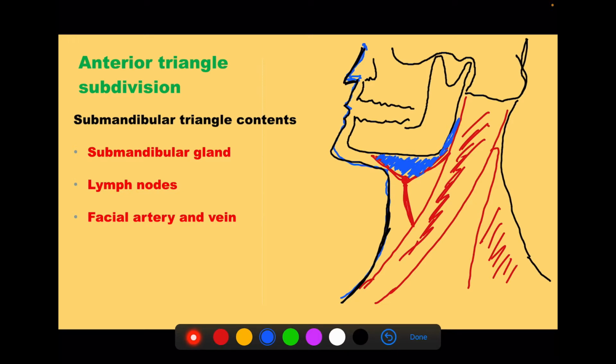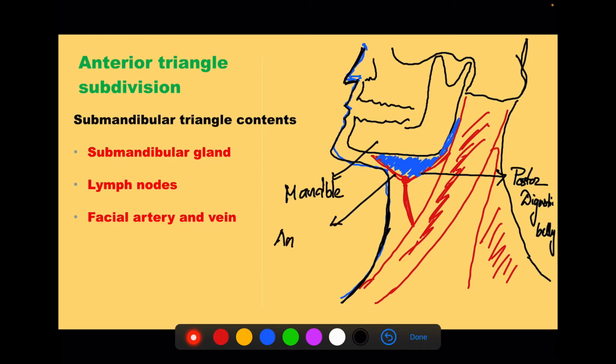This triangle is bounded by the mandible, this one is the posterior digastric belly, and this one is called the anterior digastric belly.